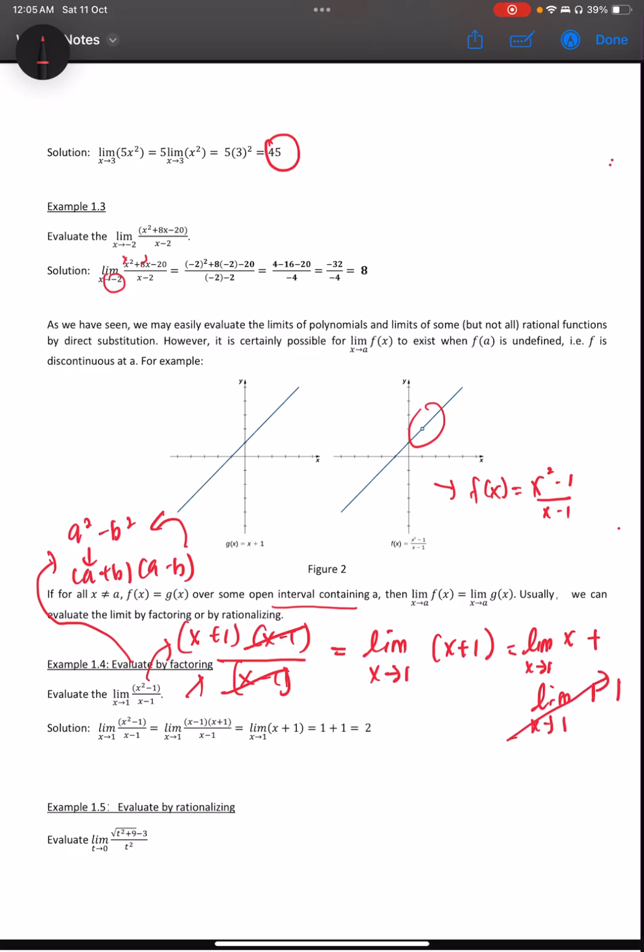So this one will get 1 here, 1 plus 1, you will get 2. Okay, because this one is constant. This one you replace with 1, you will get 2. All right, I continue this in the next video.